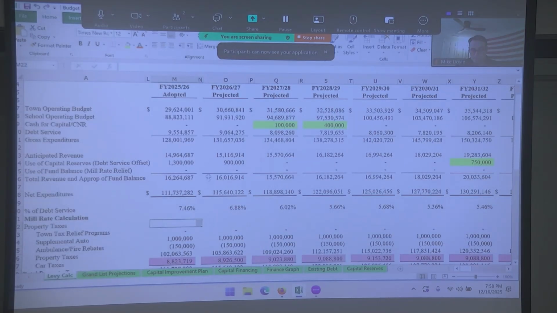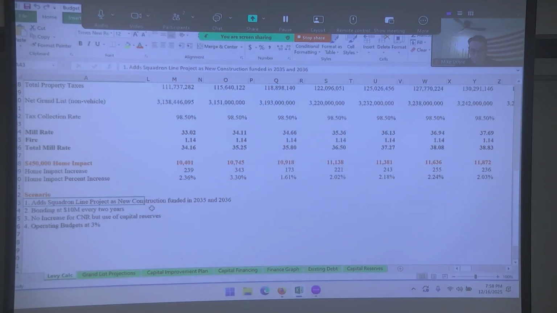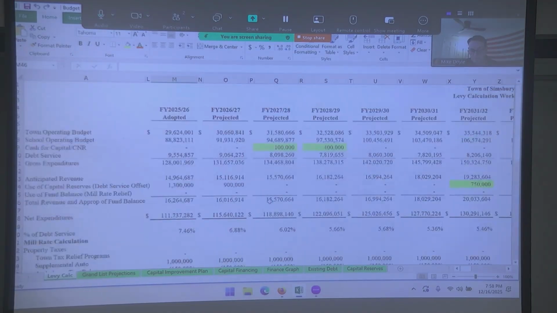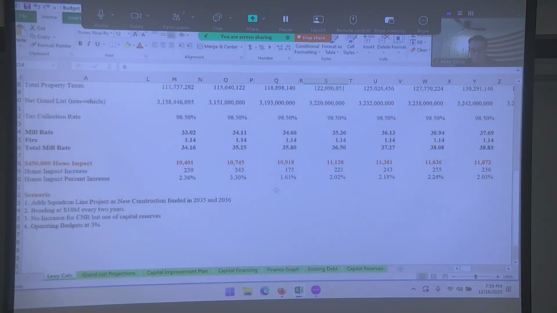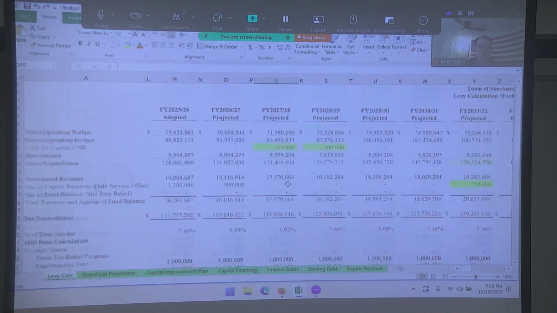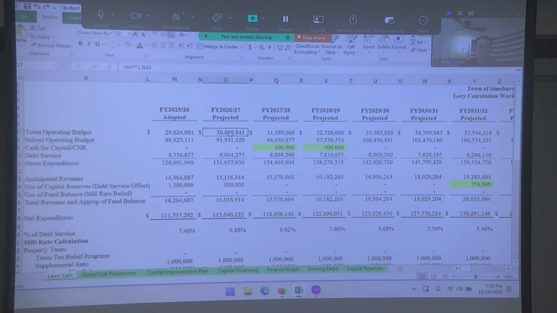All right, so if we go back to scenario 3, which is a large project in 2035, 2036, bonding 10 million every 2 years, and then use of reserves for CNR, and then operating budgets of 3%, your starting taxes for 27 are 3.3, 1.6, 2.02, and so on. But we're actually at like 4 and almost 5% of operating budgets right now, right? Right. Okay. So if we put fixed costs in, it'll tell a different picture.